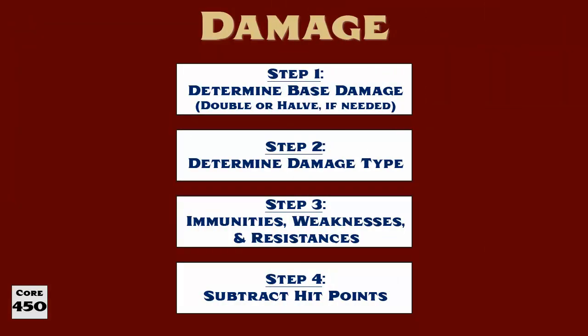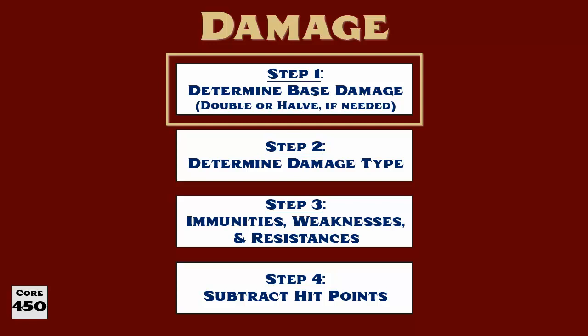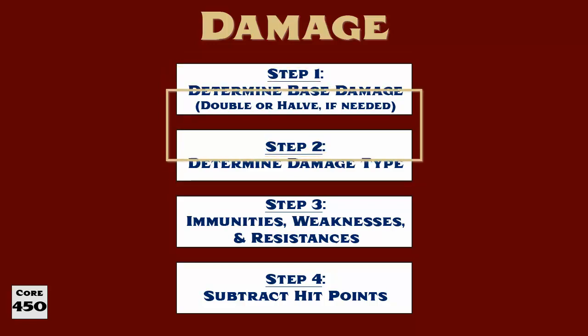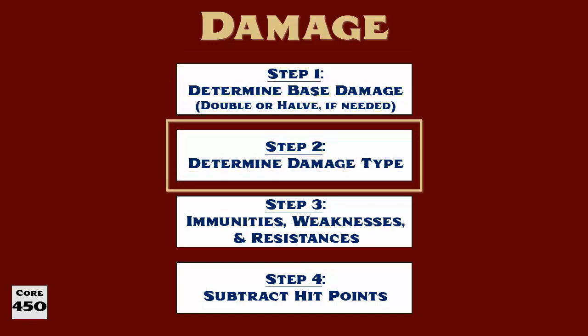So, just to bring this all together, remember that damage is applied in 4 steps. Step 1 is calculate the damage. You roll the damage dice and add all the usual modifiers to it. Step 2, determine the type of damage.